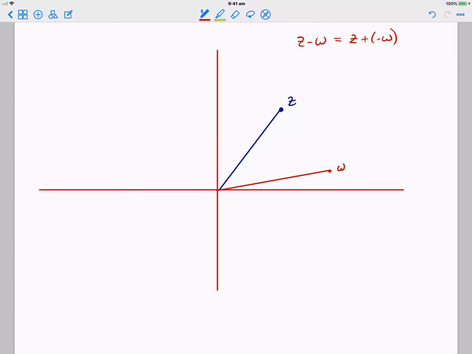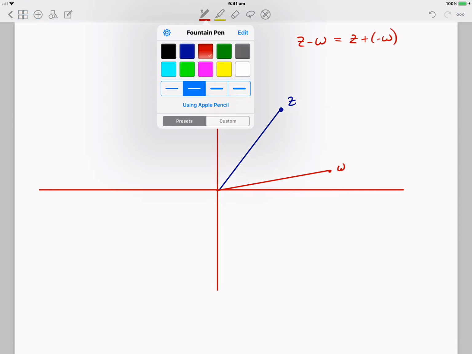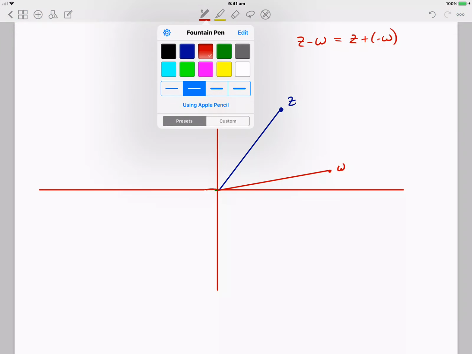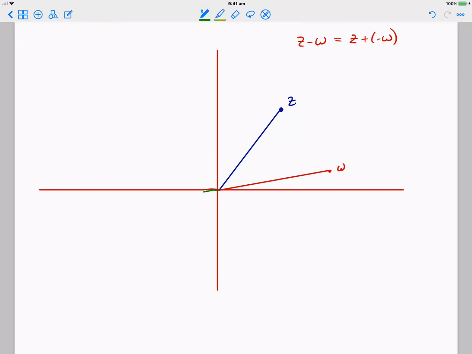Now, if you take the negative of w, then you're taking the real part and multiplying it by minus 1, and you're taking the imaginary part and multiplying it by minus 1. So basically it will be here, right? Negative w will be here.